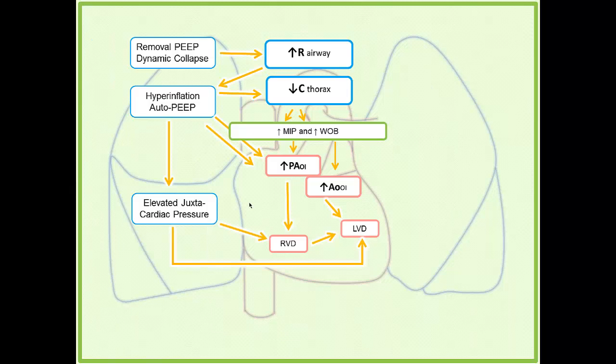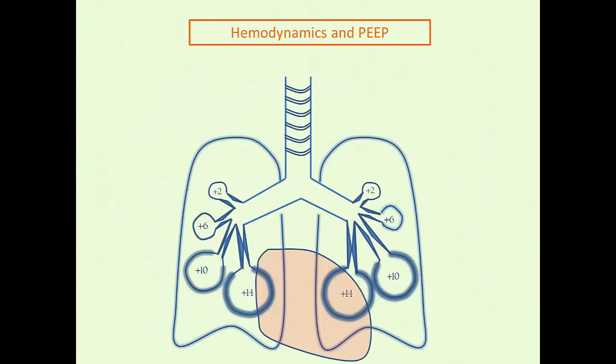So it tends to promote ventricular interdependence during diastole. It also tends to raise your CVP and your pulmonary artery occlusion pressure, but not because the filling pressures of the ventricles are increasing, but because there is a higher intrathoracic pressure that's being transmitted to the vascular space.